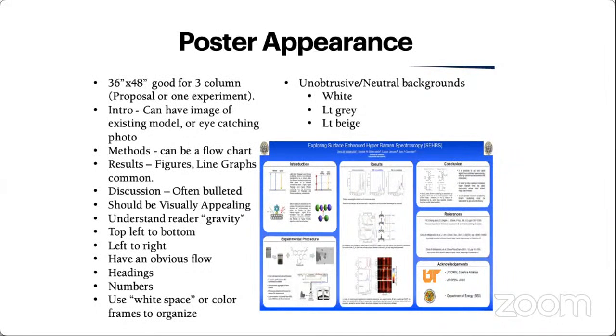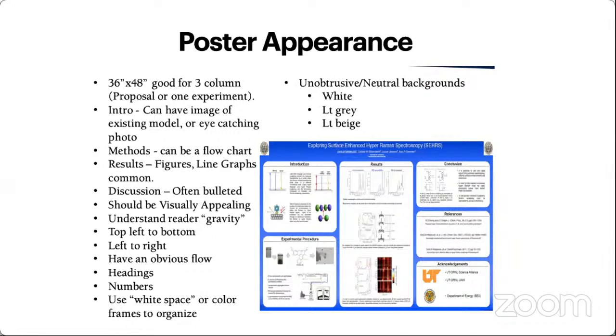In the results, obviously you should have a lot of figures and line graphs. They are common, excellent. And in discussions, I just spoke about discussions not being bulleted, but they are often bulleted. But conclusions and summaries are mostly preferred over discussion, because you will often not have enough space to discuss enough things in a research poster.